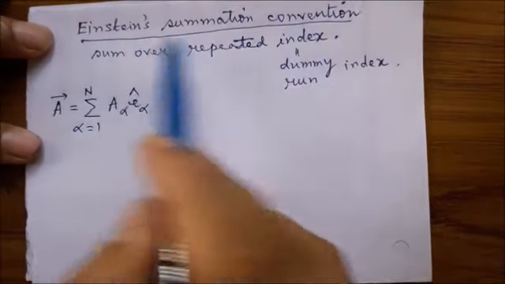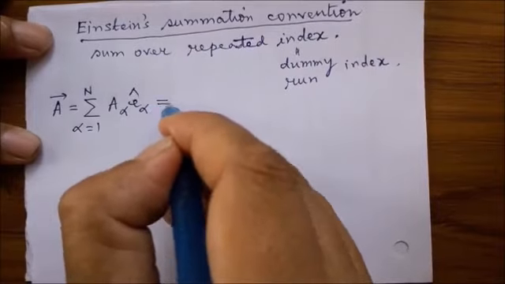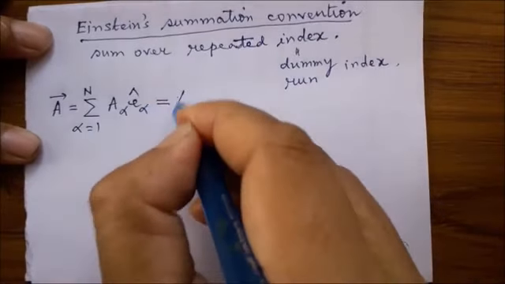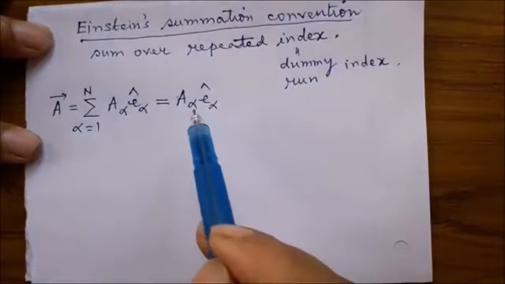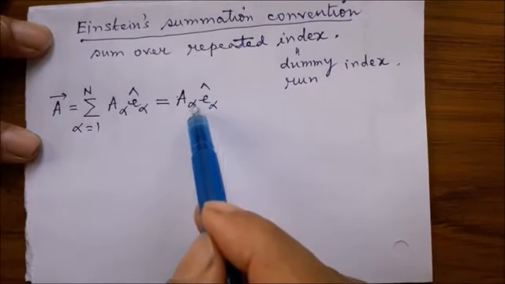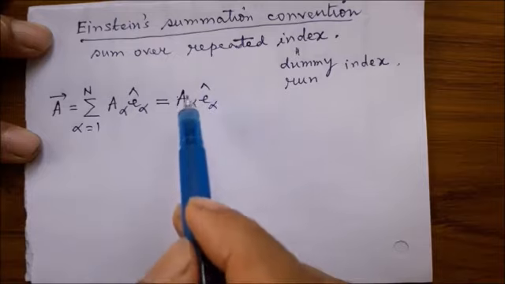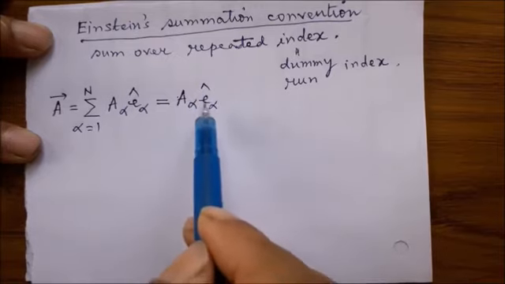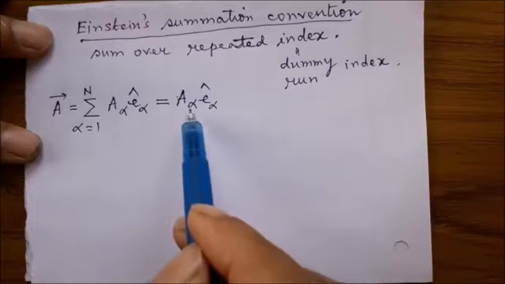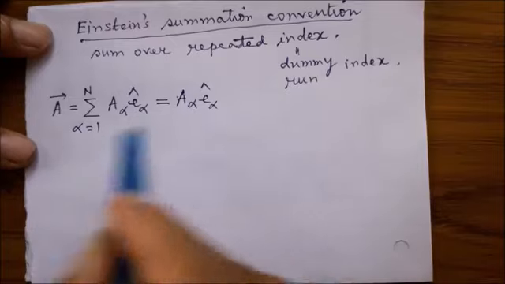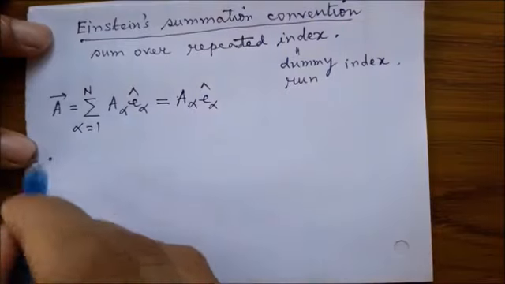According to Einstein Summation Convention, this can be equivalently written simply as A alpha, E alpha hat, because the index that repeats is alpha. So if we write A alpha, E alpha hat, it is implied that we have to sum over alpha. Let us give another example.